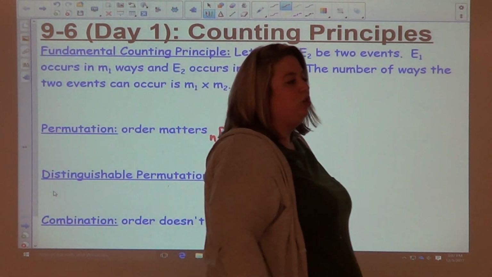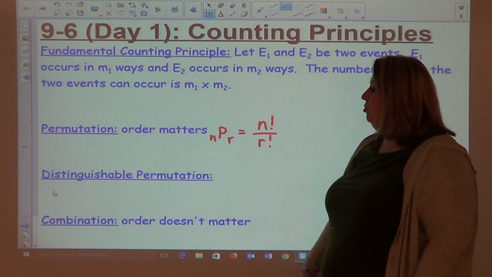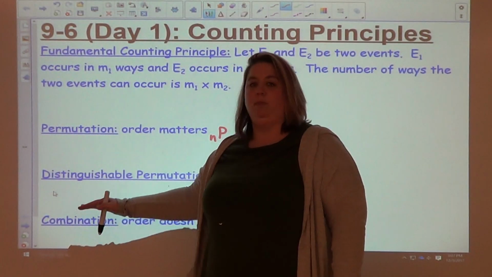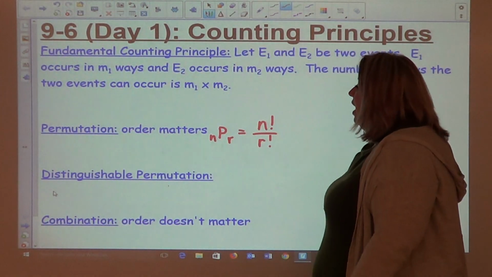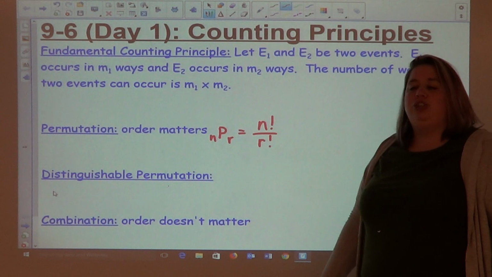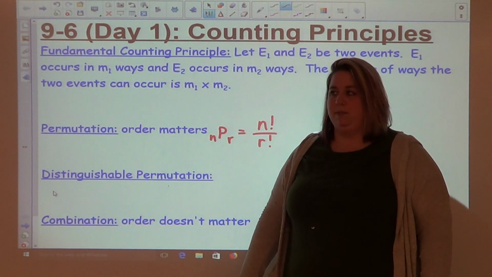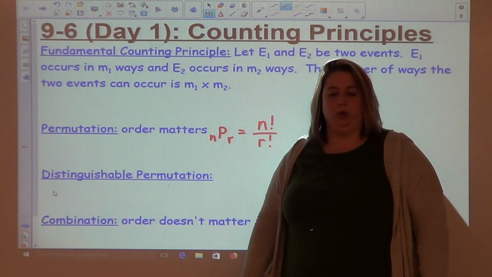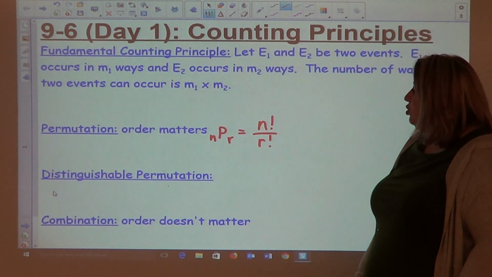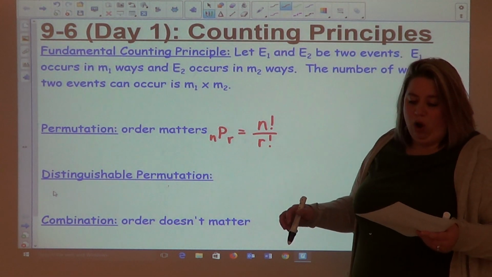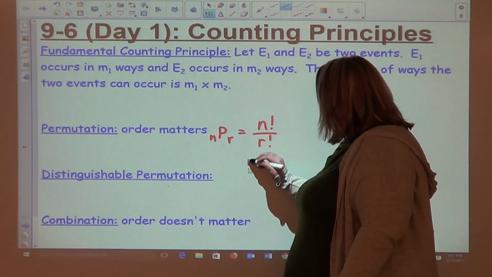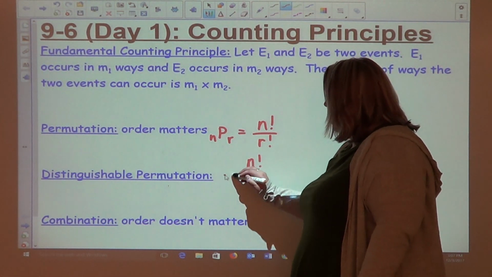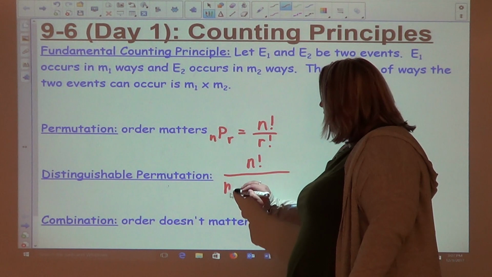Okay, then a distinguishable permutation. It will actually use the words distinguishable permutation. That's how you figure out how many words you can make out of a word. How many different ways could you rearrange these letters or these numbers? So what you do is you count how many things there are. That would be a factorial on top. And then you divide by each kind that they have.